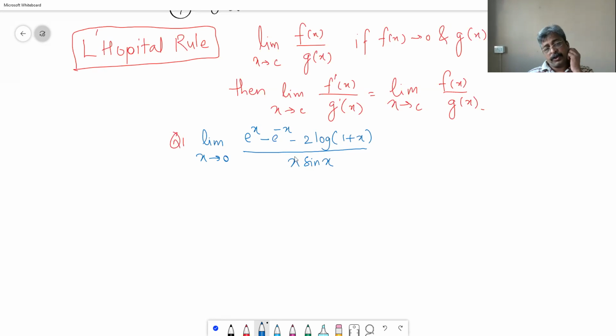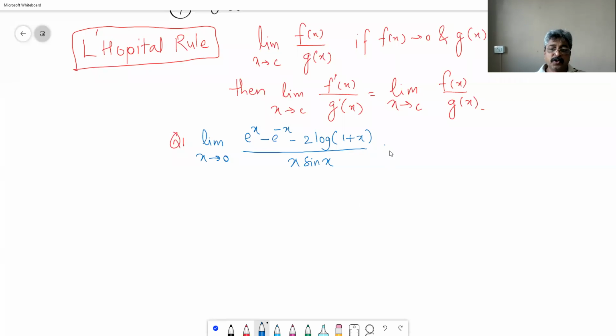Now see, in this particular problem, you have an exponential function, a logarithmic function, an algebraic function, a trigonometric function, and the limit is supposed to be established. So using first principle, this is going to be long. I'm not saying that it is not possible, it will be long. So using L'Hopital, it will be very, very quick. So find out the limit of this and show it to me.